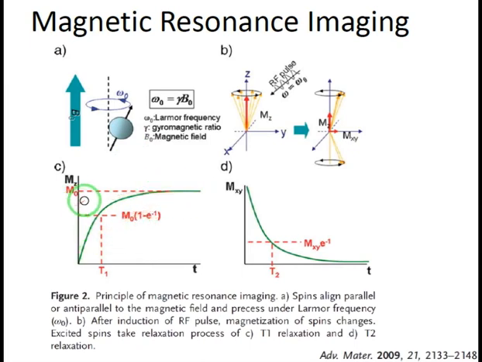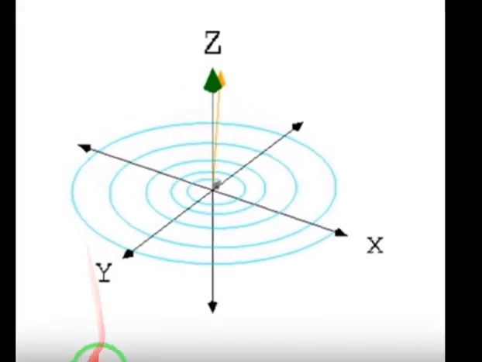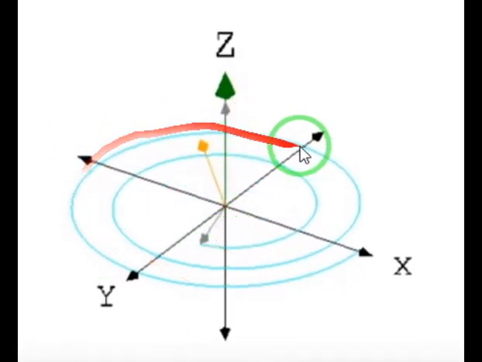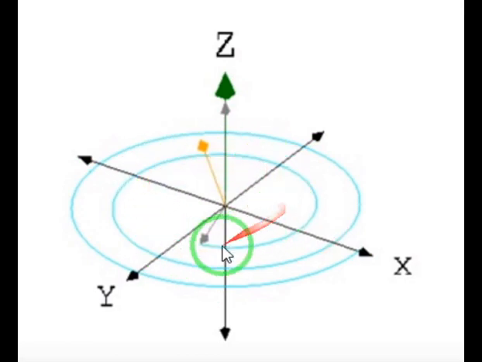And this is exactly what is happening in these curves. You see that the component along the z axis is increasing by time, and the component on the xy plane is decreasing by time. You saw here that the xy plane is decreasing and the z axis is increasing.